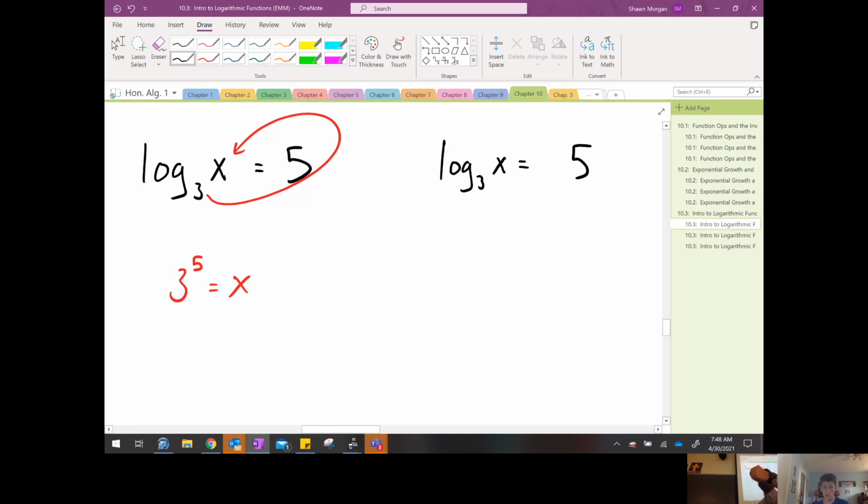What I could do in this case, I'm not going to take the log of both sides since there's already a logarithm there. I could exponentiate both sides. I could raise both sides up, make them an exponent. And what base do you think I ought to pick? I ought to pick a base of 3 because when the bases match up, those are inverse operators and they cancel each other out. So check this out.